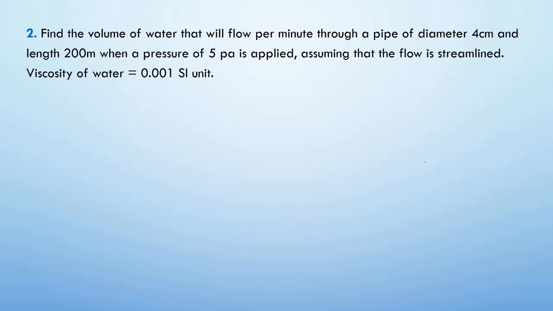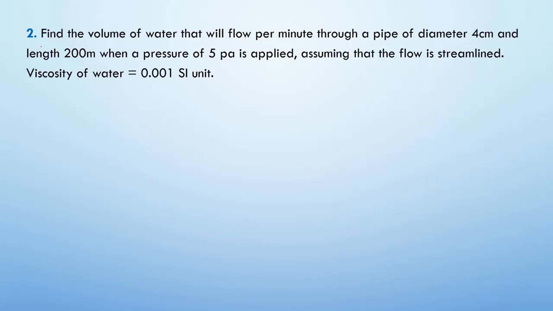Find the volume of water that will flow per minute through a pipe of diameter 4 centimeter and length 200 meter when the pressure of 5 Pascal is applied. Assuming that the flow is streamlined, and the viscosity of water is 0.001 in the SI unit.